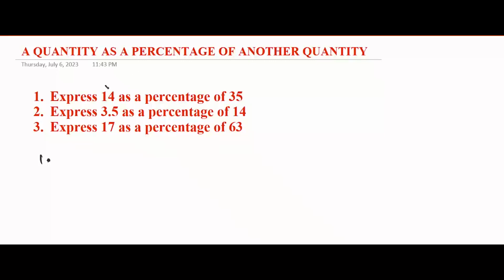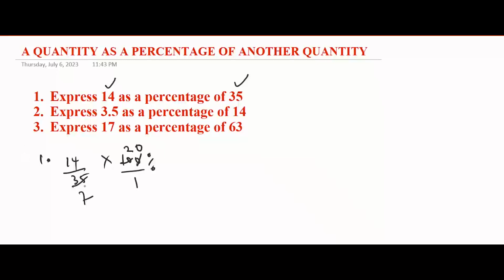That means 14 will be the numerator, 35 will be the denominator, and we multiply by 100%. So we have 14 out of 35 times 100%. If you look at it very well, 5 can go into 35 seven times. 5 can go into 10 twice, and 5 goes into 0 times, because 100 is the same thing as 100 over 1.